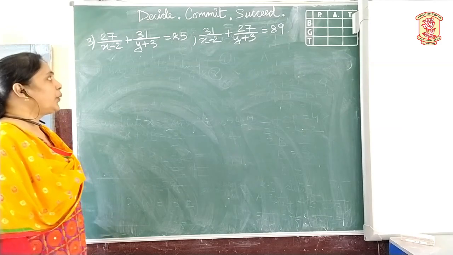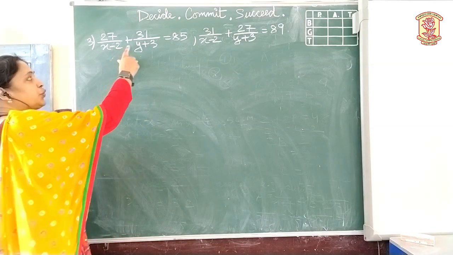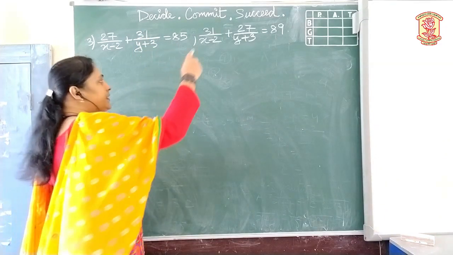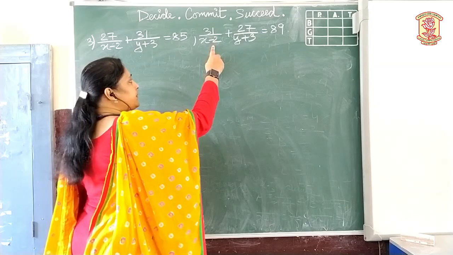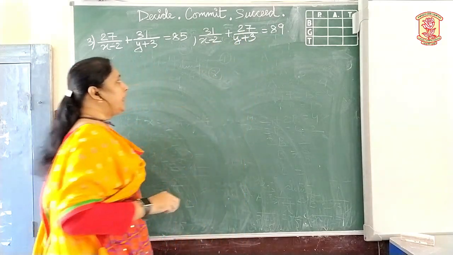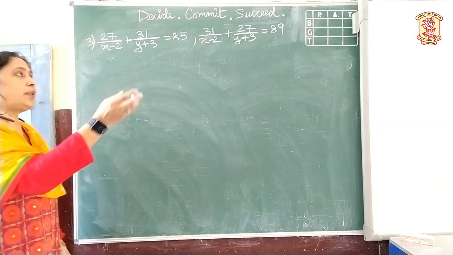Let's start with the third question. 27 upon x minus 2 plus 31 upon y plus 3 equals 85. And the next one is 31 upon x minus 2 plus 27 upon y plus 3 equals 89. Again, we'll separate the coefficients with the variable.